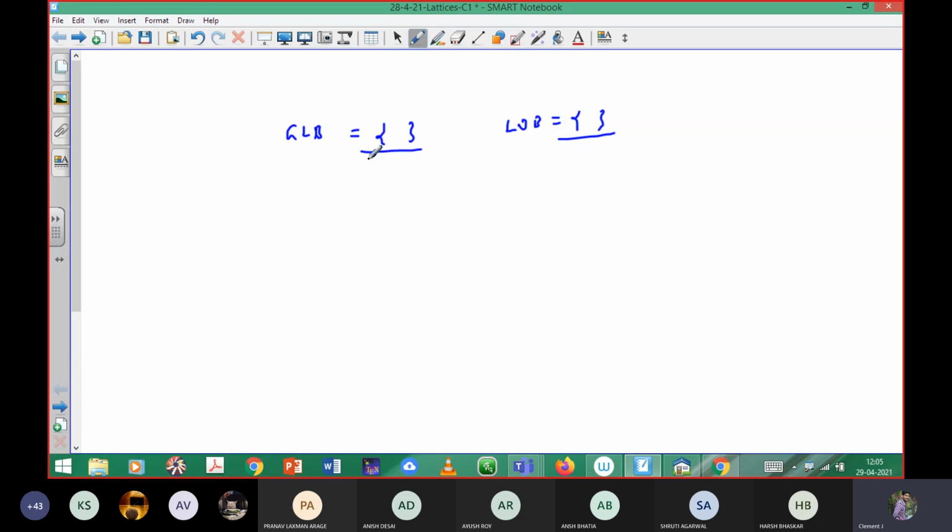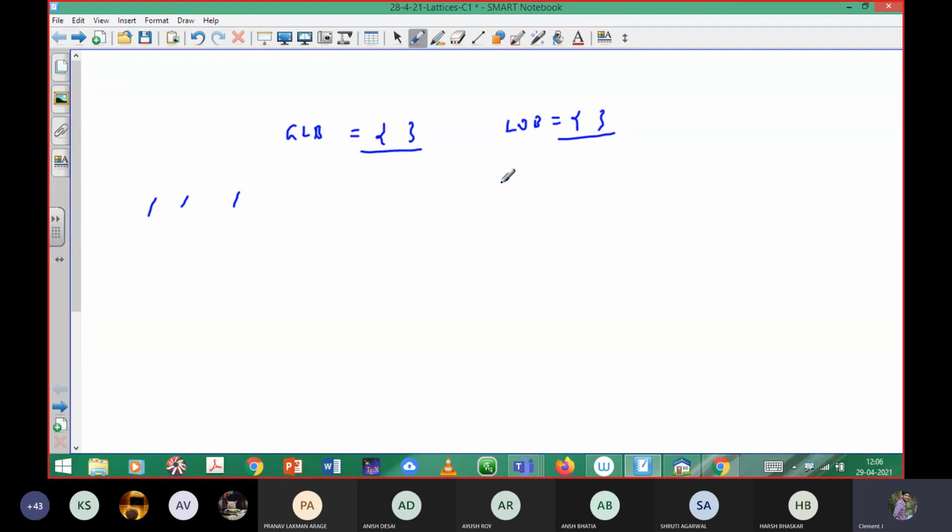Because you could not predict which one is the greatest and which one is the least, since there might be two or three elements at the same level. In that case you should mention the empty set, phi. That will be the answer. So what I need to conclude is that between two elements, or in a set of three elements, there might be a chance to get the empty set in either GLB or LUB.